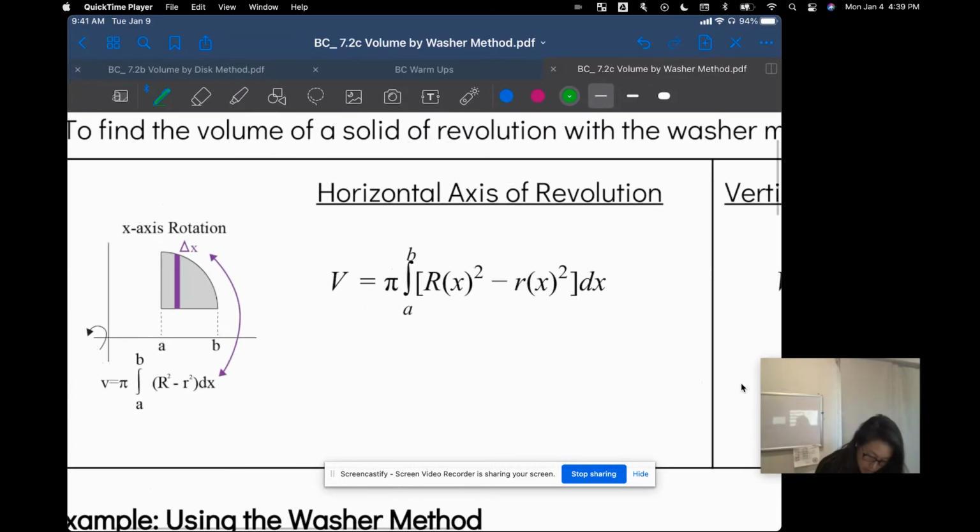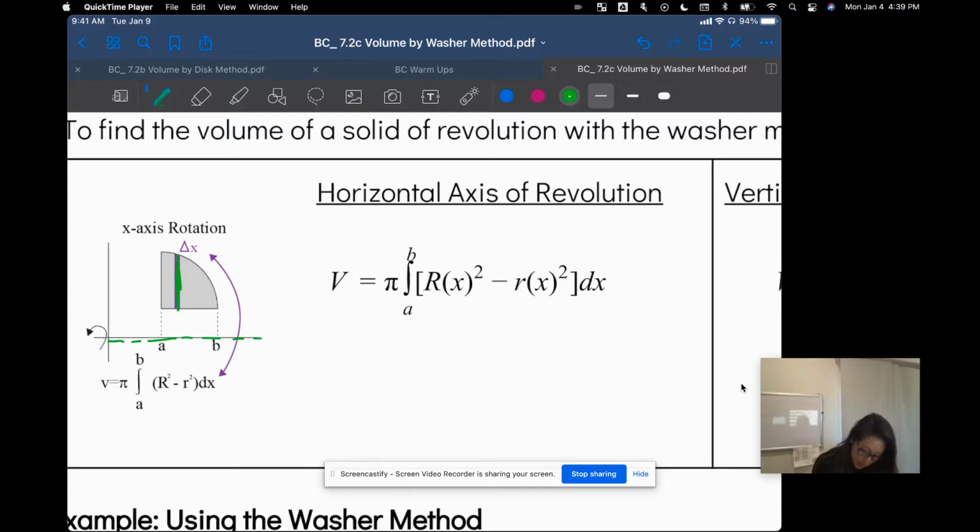If I have a horizontal axis of rotation, like right here, I'm going to cut my area perpendicular to the axis of rotation.